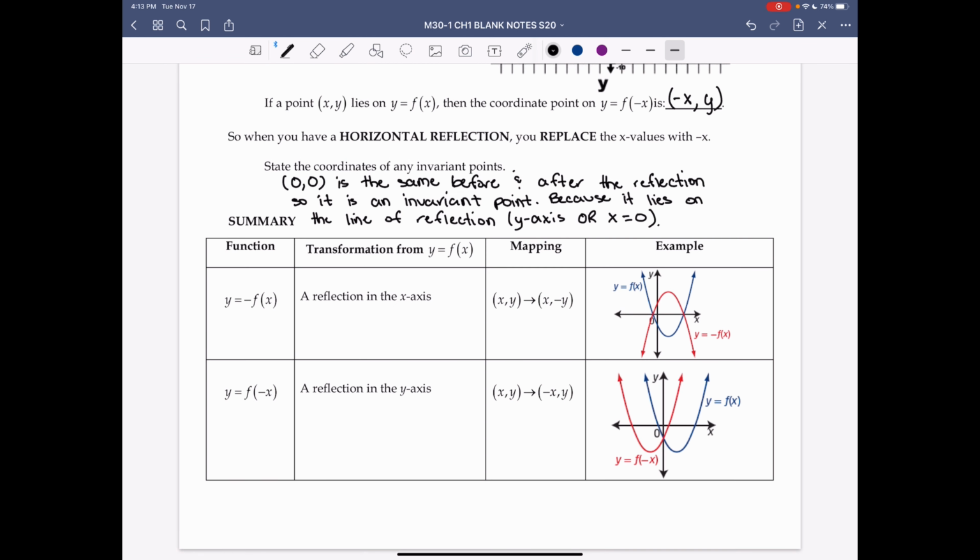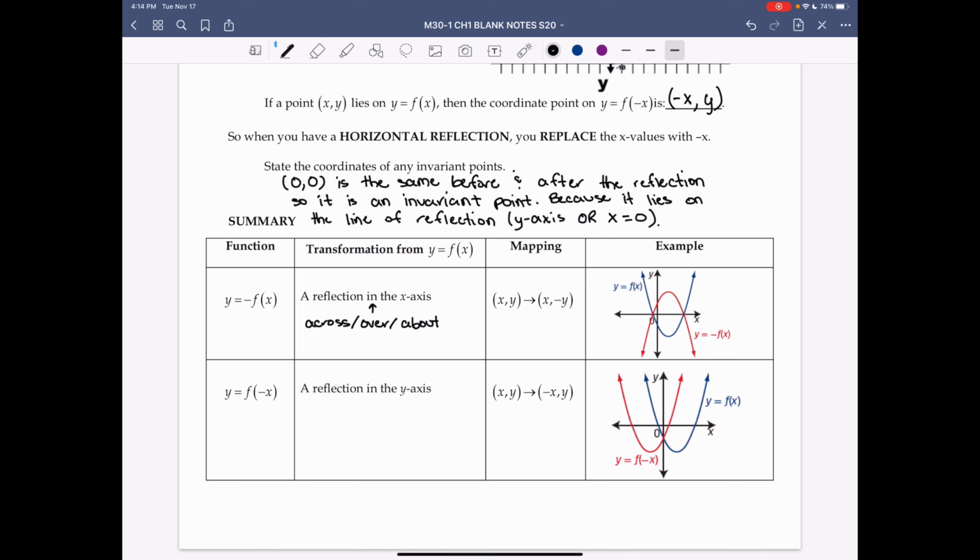A summary of reflections. For the function y equals negative f of x, the transformation from y equals f of x is a reflection in the x-axis. We can also say this by saying across the x-axis or over the x-axis or about the x-axis.